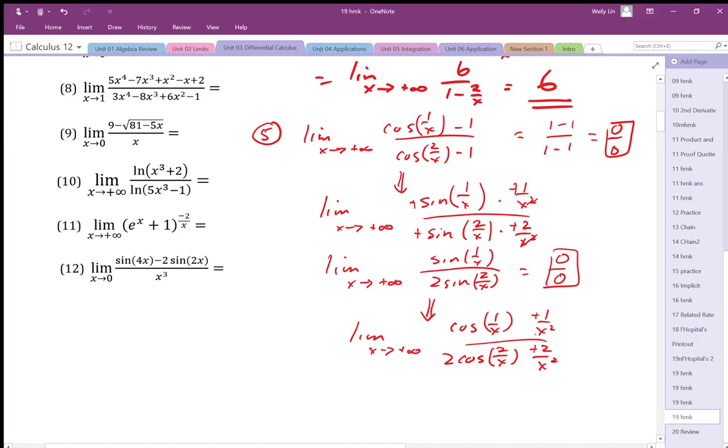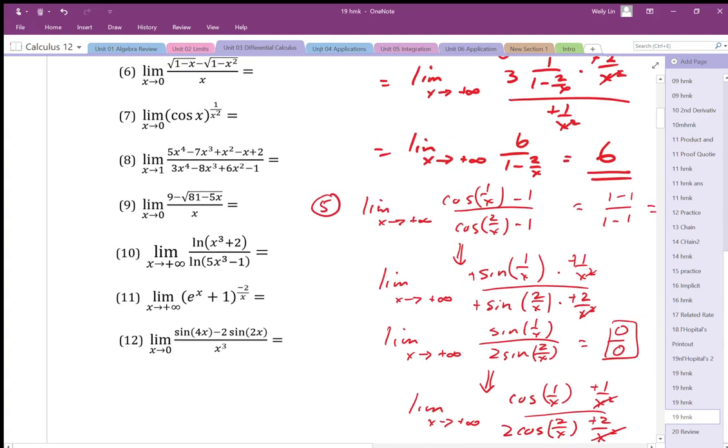The negatives cancel, the x squareds cancel, so I end up with the limit as x goes to positive infinity of cosine 1 over x over cosine 2 over x. As x goes to infinity, cosine of 0 is 1. Cosine of 0 is 1 in the denominator as well. There is my limit.